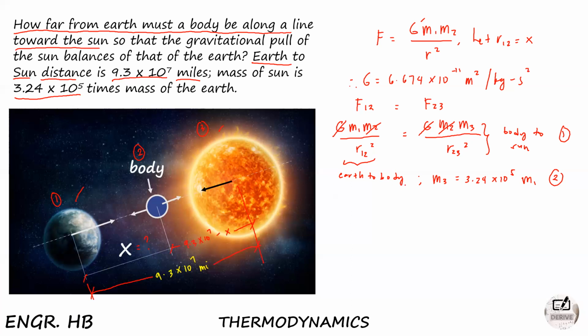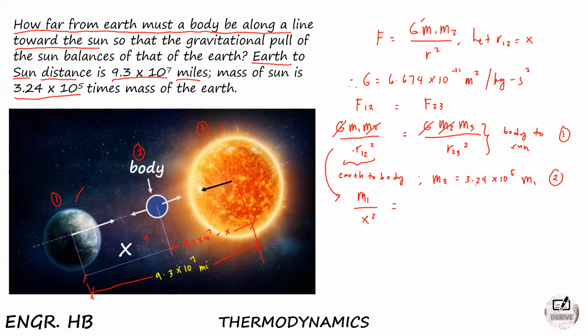So, ayan. Kompleto na tayo ng distances, which we will substitute for this R. And meron na rin tayong relationship between the mass of the Sun and the mass of the Earth. So, halika, simulan natin to. So, this will become M1 over R12. So, the distance from R12 is your X. So, X squared na natin.